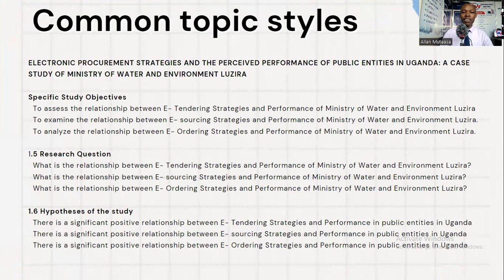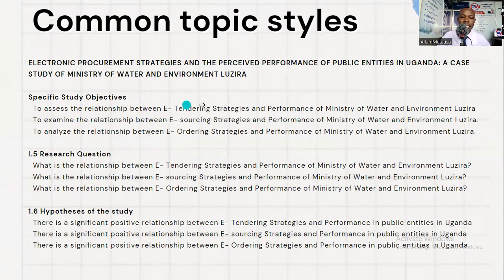So now let's look at common topic styles with their objectives and hypotheses. So you'll see that one of the topics we looked at earlier, electronic procurement strategies and perceived performance of public entities in Uganda. So you'll see that in the study objectives, we are going to break down the independent variable into at least 3 manageable sections.